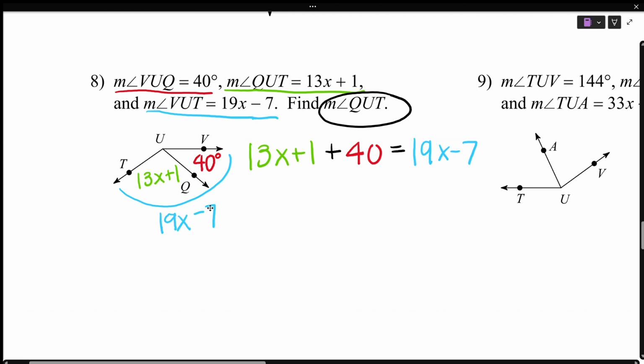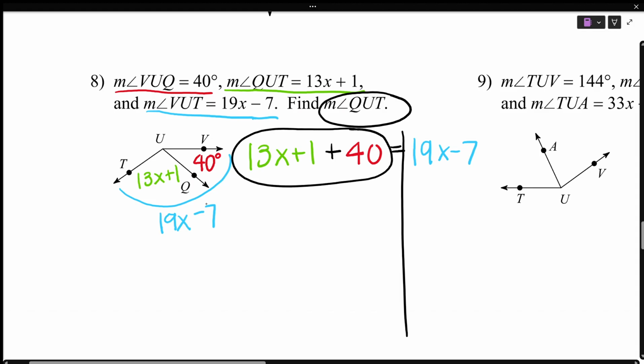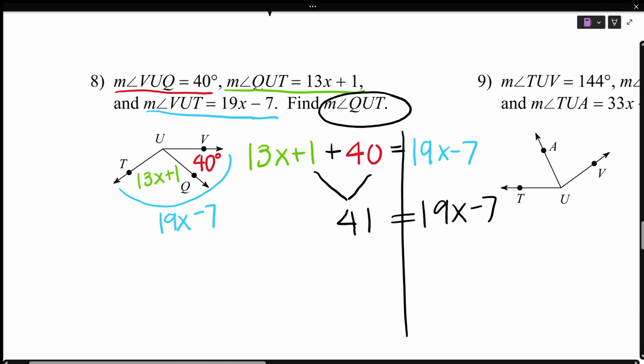So again, on the left side we have 3 different terms, on the right side we have 2 terms. Let's see if we can find any like terms on the left side. 13x has an x, 1 and 40 do not have x's, so we can combine those. 1 plus 40 is 41. And then I didn't use the 13x, so let's bring that down.